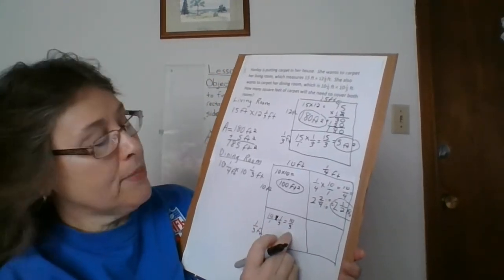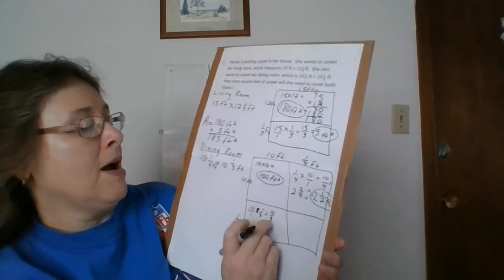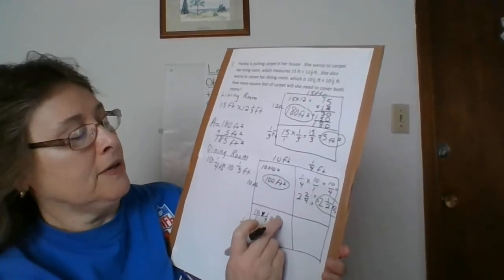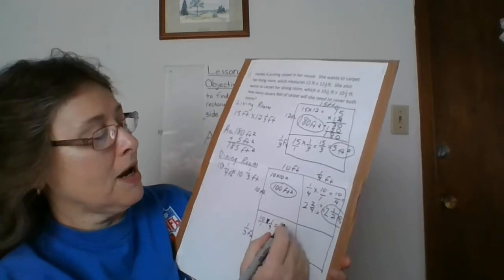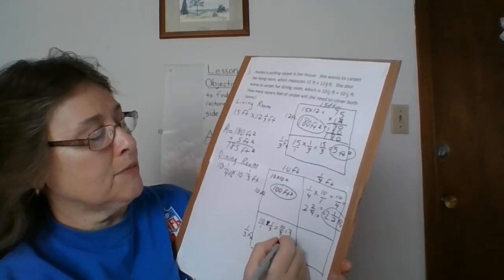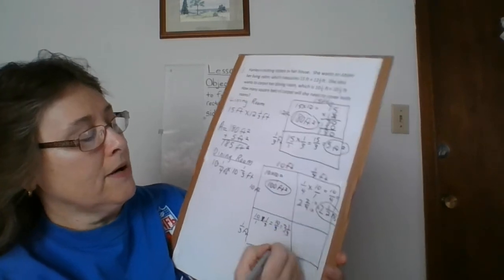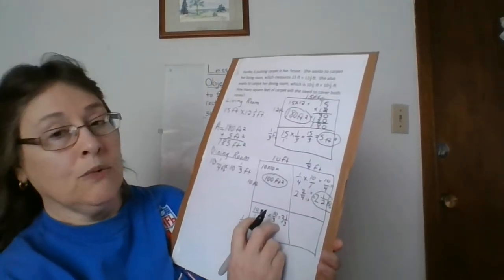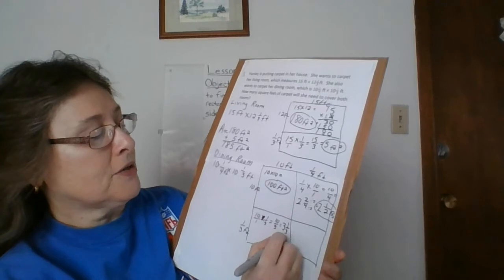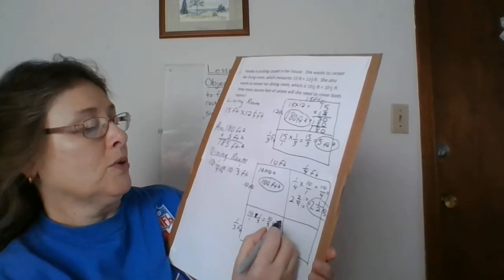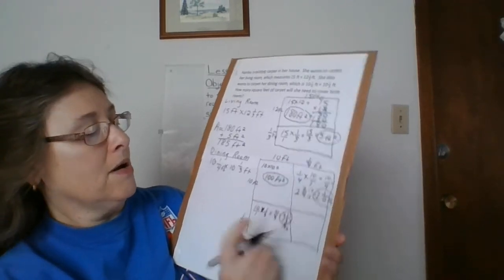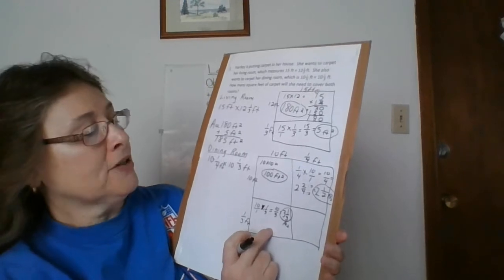Again, this is improper, so I have to figure out how many times 3 fits into 10. 3, 6, 9. It fits in 3 whole times. If I'm on 9, that leaves me with 1 remainder. So I have 3 with 1/3 feet squared.